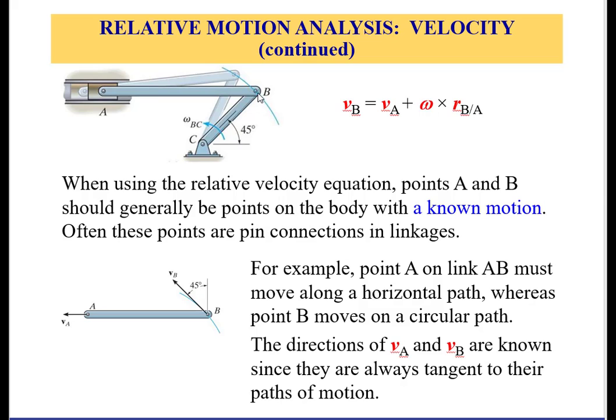Now, in the same manner, velocity of B can be equal to velocity of C plus omega. Omega this time is not this omega, it's going to be omega, the angular velocity of link BC, cross B as seen by C. Now notice that the velocity of C, which is translation, is 0.